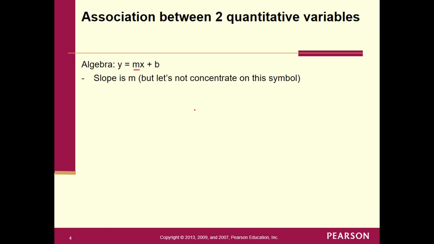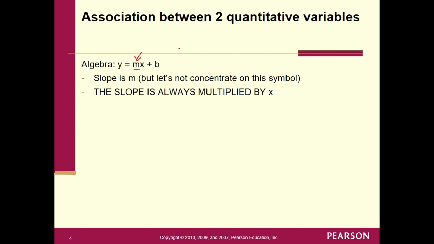I don't want you to necessarily get tied to this symbol here. The thing I do want you to concentrate on is that slope is always being multiplied by x, no matter where it's located in the equation. Notice here we got m times x. So you can always identify the slope because it's being multiplied by x.